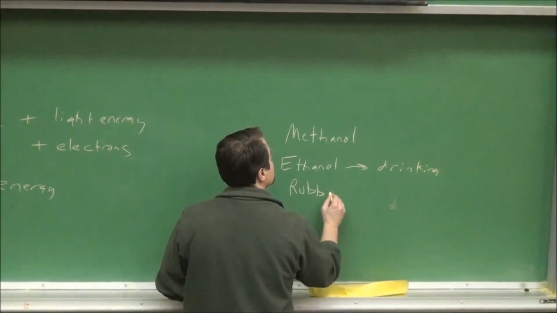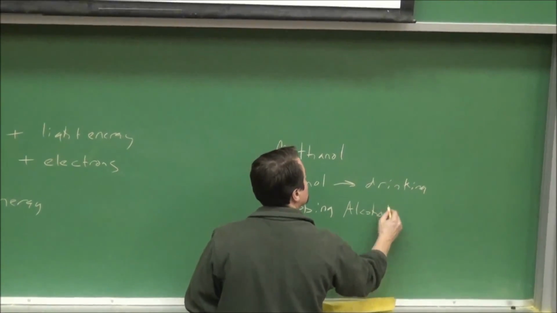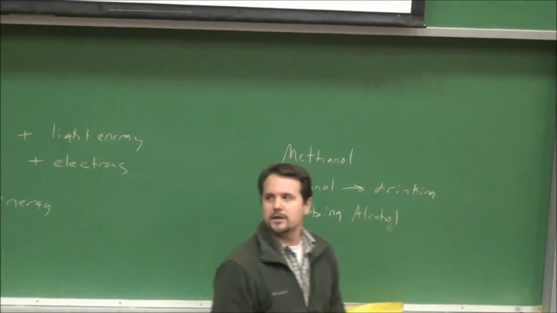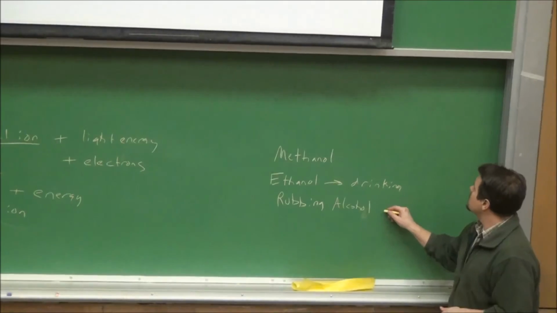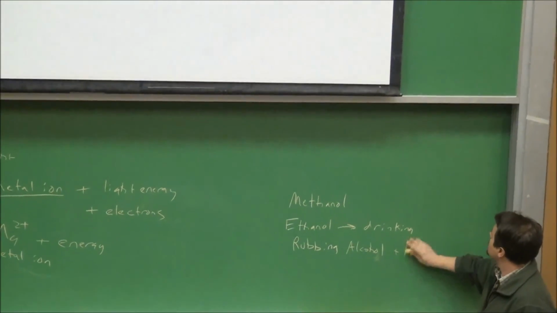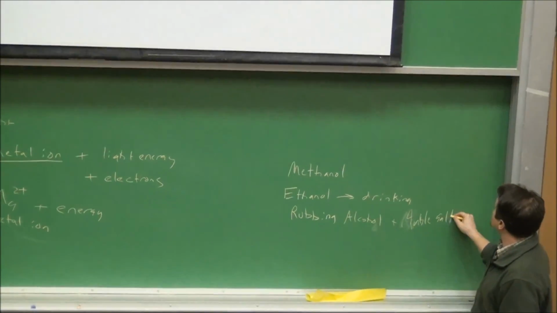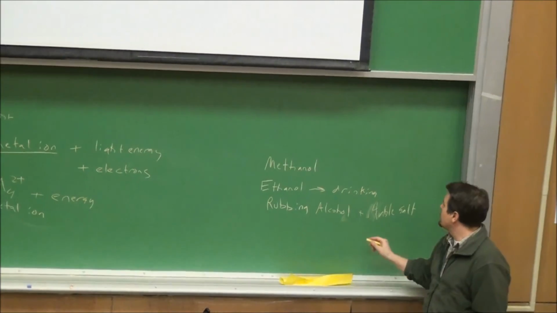Then you would try to dissolve the salt in it. So rubbing alcohol plus table salt. That's one you can get pretty easily. That's a gold thing. It's not as impressive.